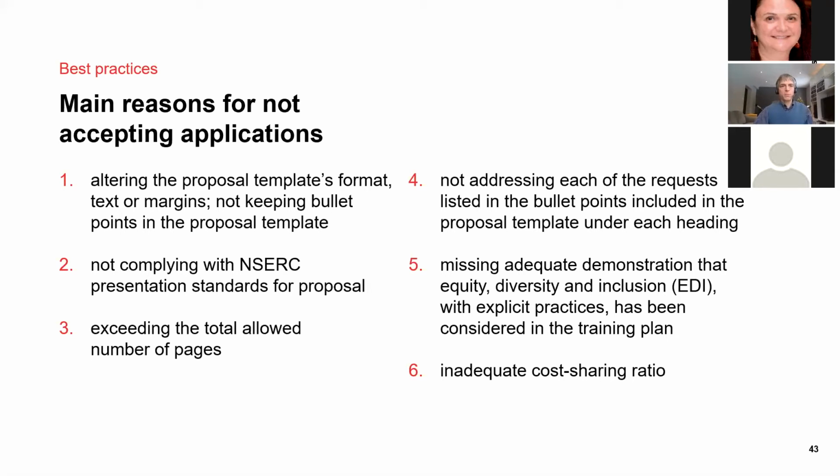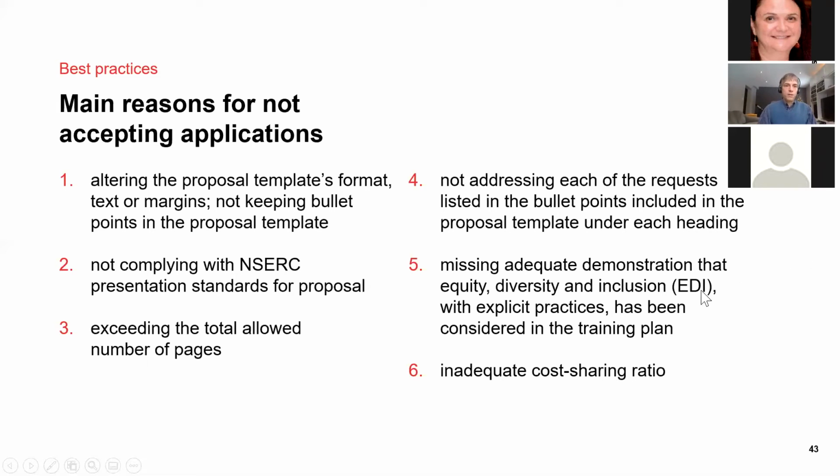Key pages, also not respecting the page limits has been an issue, or not addressing every bullet under each. And as I mentioned before, if any of the criteria 1.2, 2.1 is not satisfactory, there's no grant awarded. So if it's not addressed in the proposal, then it doesn't get graded and the proposal is rejected.